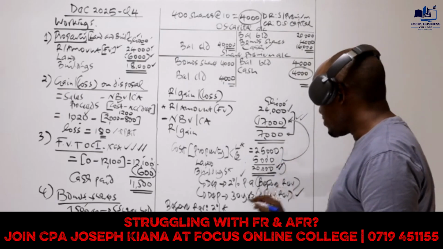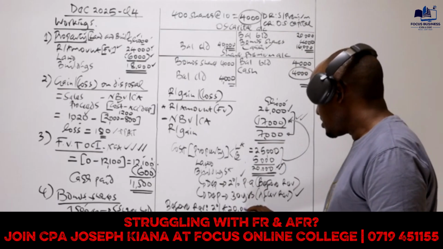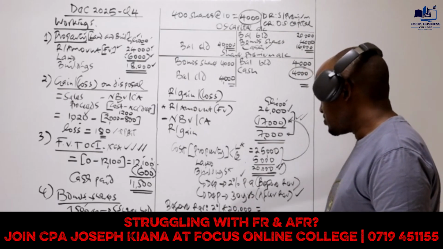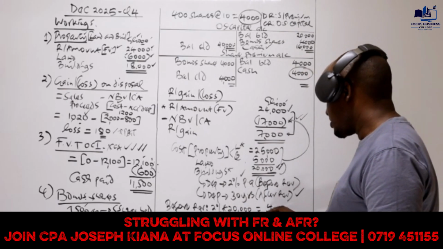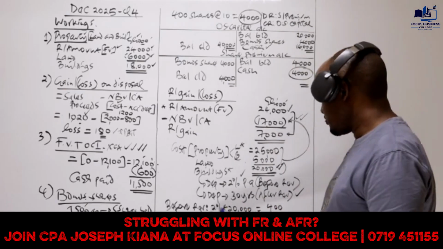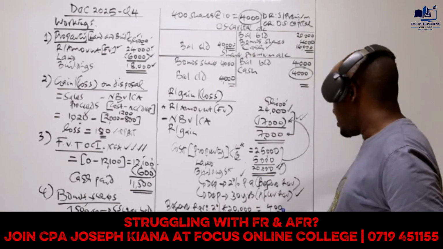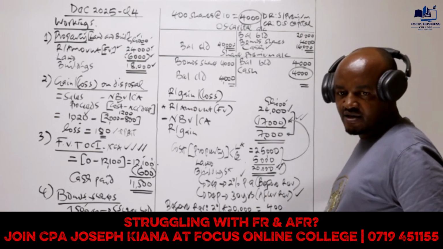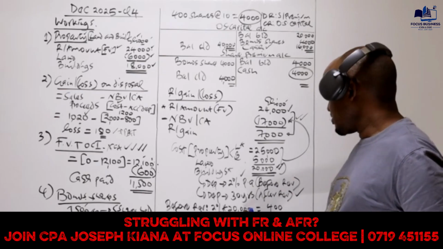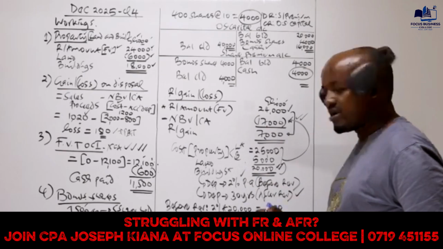The cost of buildings before they were revalued is this one, which is 20,000. So 2% of this gives us 400, because we do away with 2 zeros. So that is the depreciation before the revaluation.